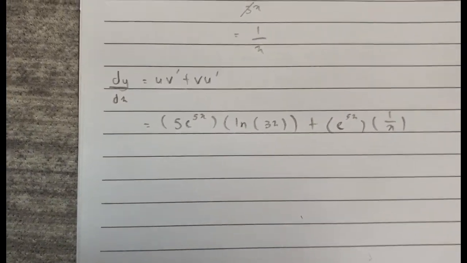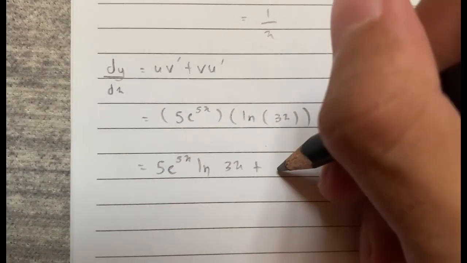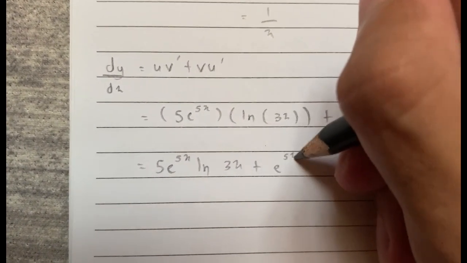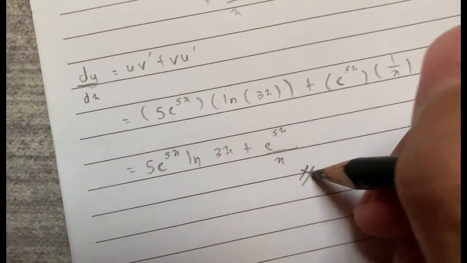We just need to expand this, and then we get 5 e to the power of 5x ln 3x plus e to the power of 5x over x. This is the final answer.